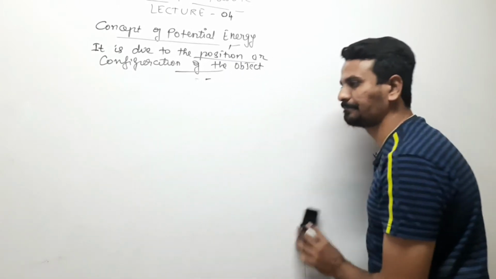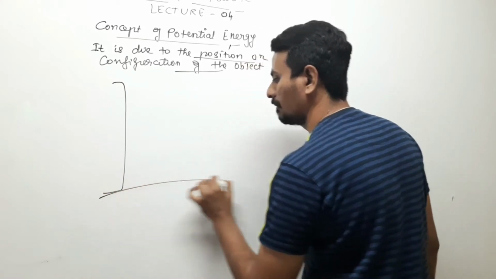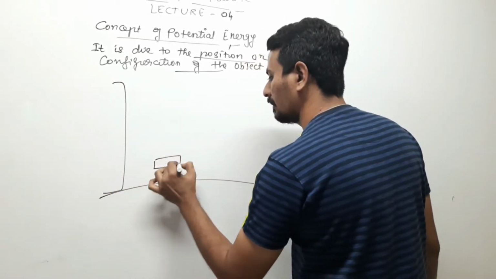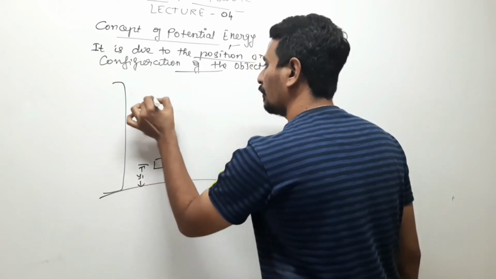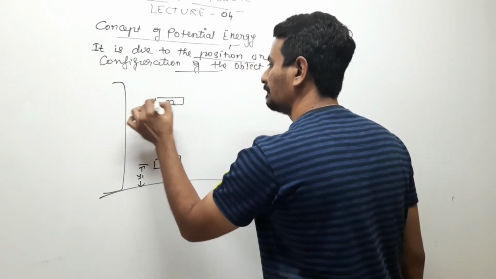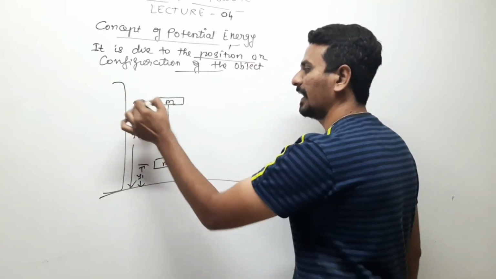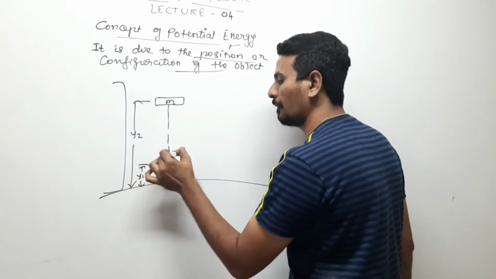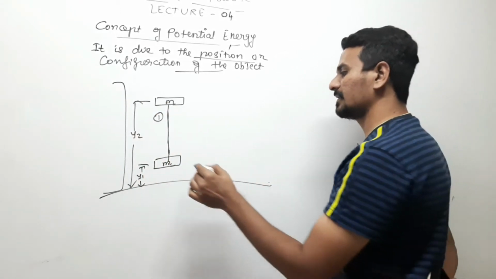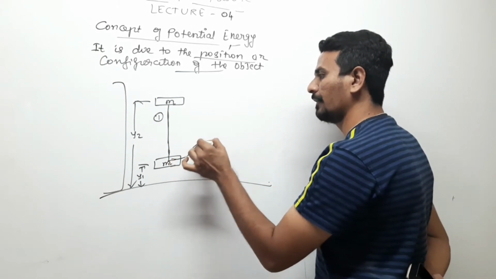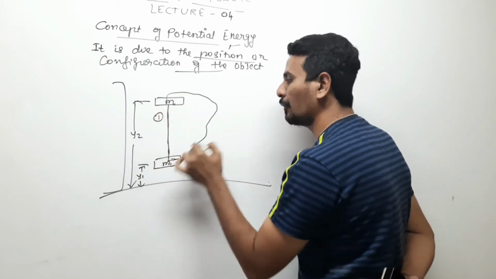Second thing, suppose the body of mass m is at a height y1, and we are taking it to a height y2. In the first case, we are taking the body from y1 to y2 through route 1. And in the second route, we are taking m from y1 to y2 along this curved route.